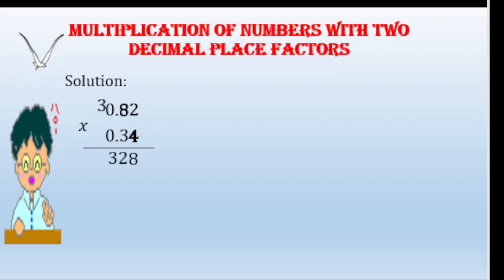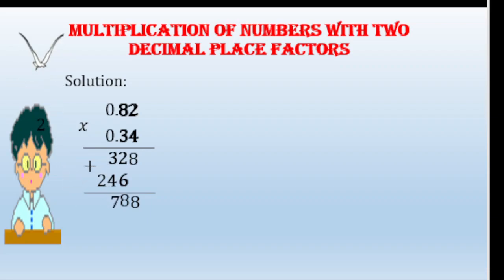So you have 3 times 2 is 6, and 3 times 8 is 24. Then add. Bring down 8, and then 2 plus 6 is equals to 8. 3 plus 4 is equals to 7.